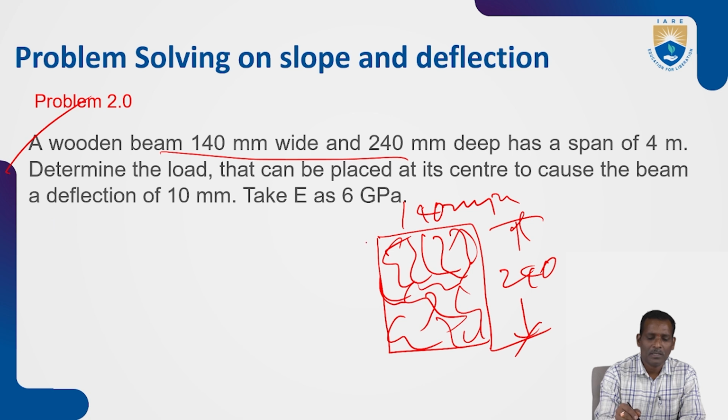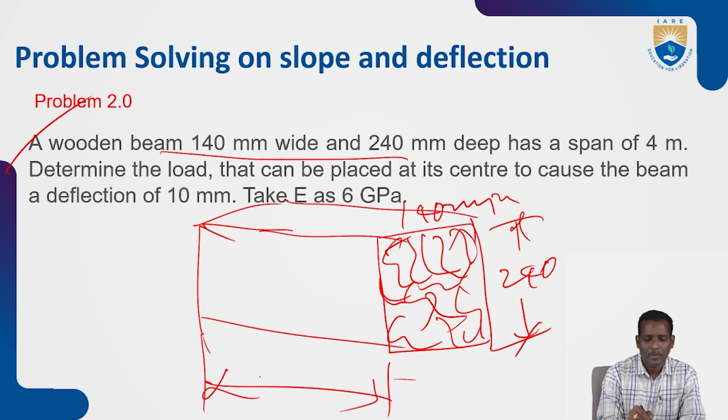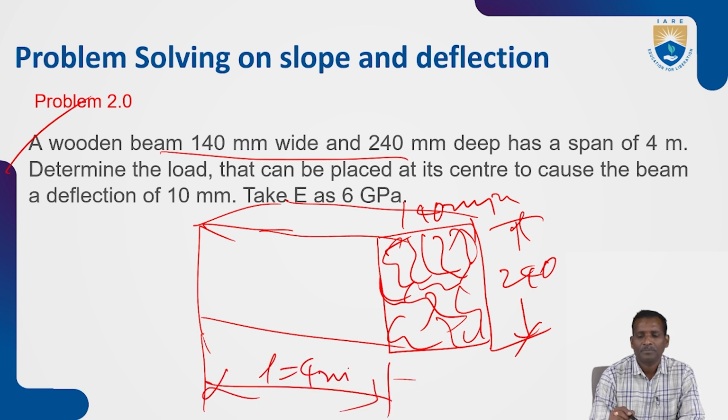The length of the beam L is 4 meters. Determine the load that can be placed at its center to cause the beam a deflection of 10 mm.